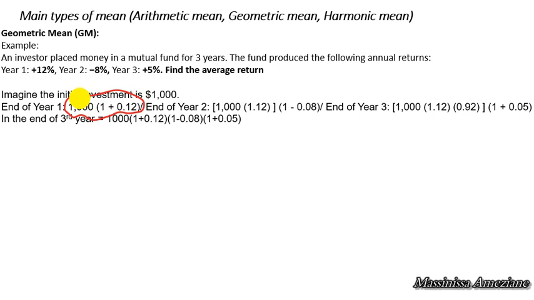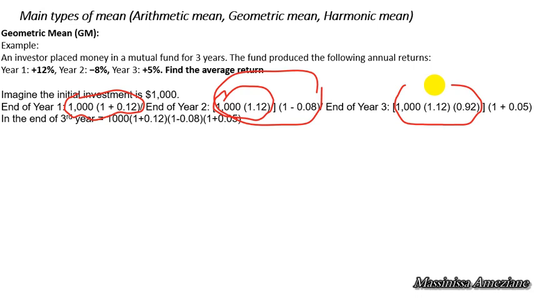At the end of the second year, this investor will get what we have from the previous year, which is this, times 1 plus the rate of return, which is minus 0.08. At the end of the third year, he will get what we have from the previous year, times 1 plus the return of the third year.